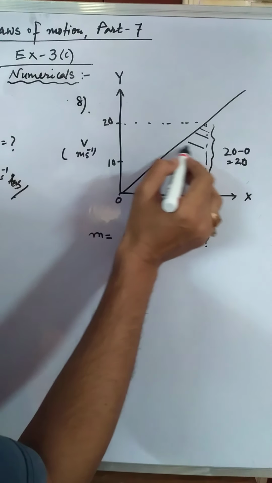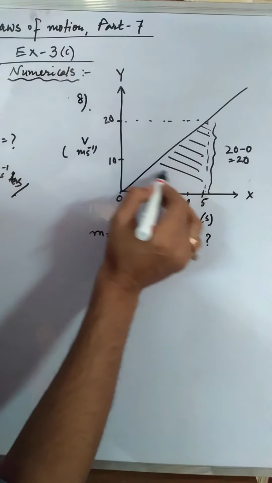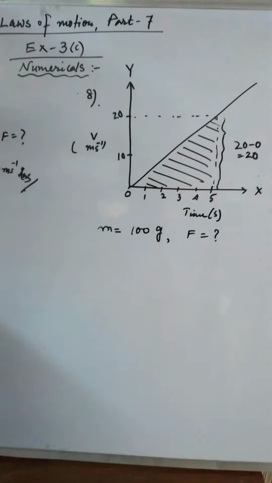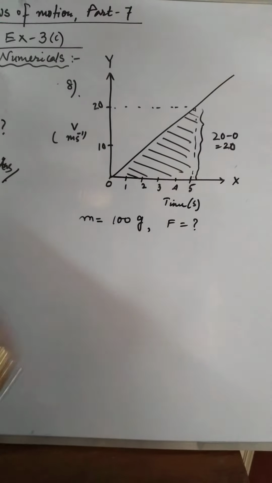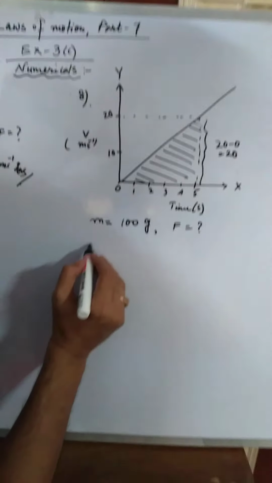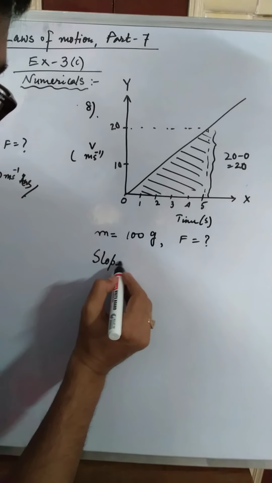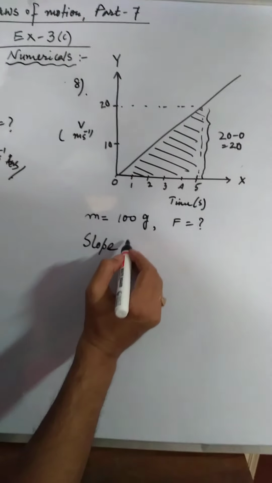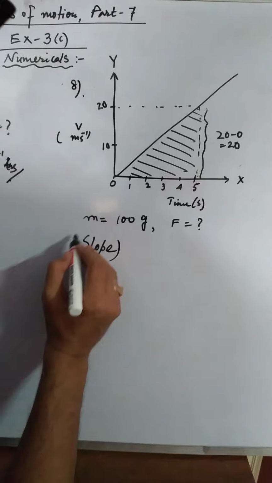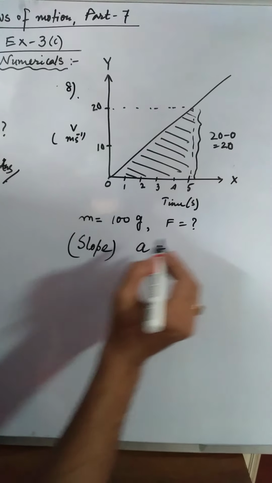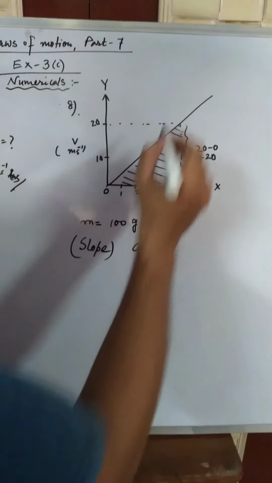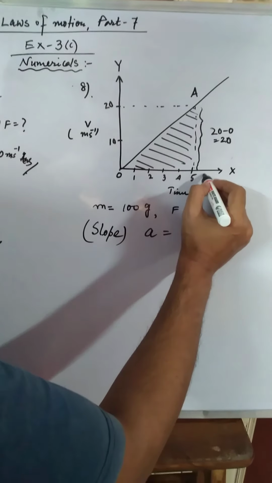So if you consider this triangle, it's a right angle triangle, so you have to find out the slope. The slope of the graph gives you the acceleration. The acceleration is equal to, if you mark it, AB.